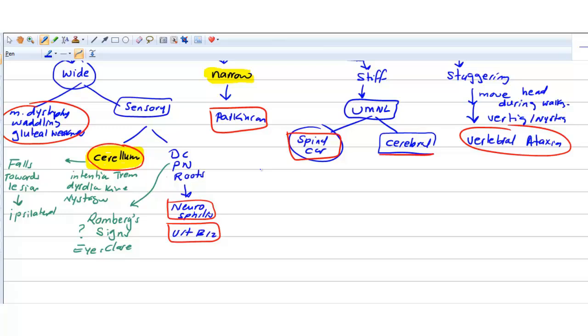I would like to give a trick here for acute treatment in dementia, sorry, I have to mention it before: reversible dementia.